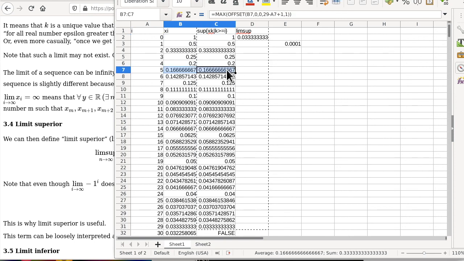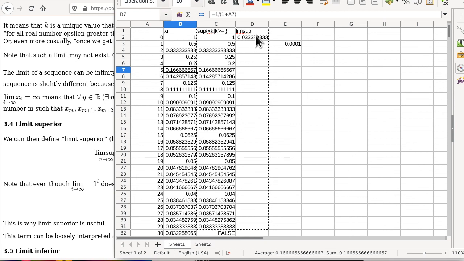How x_i is the same thing as the supremum starting at x_i, and that's because the function itself is monotonic. It is always decreasing. So everything at this point and after is less than or equal to this value over here, and as a result, the supremum from this point on is really just x_i. Is that okay? Absolutely.